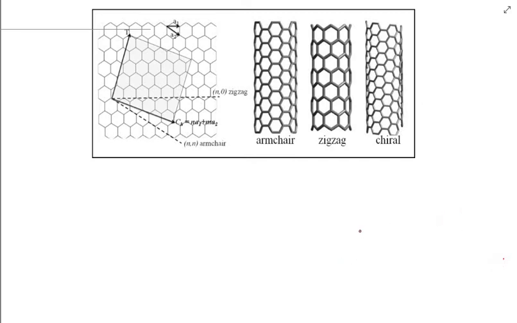Now let us assume that I roll my nano sheet along an arbitrary axis. So this is the axis of the cylinder along which I roll my nano sheet.